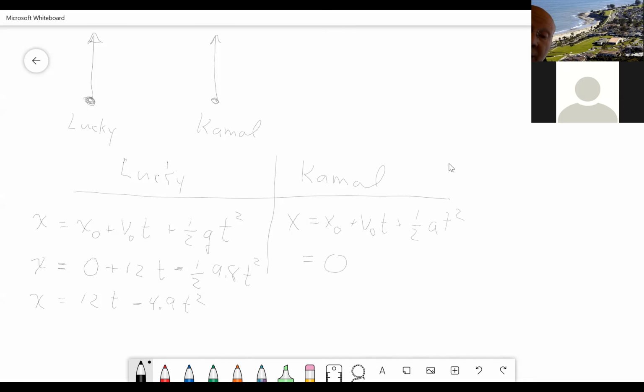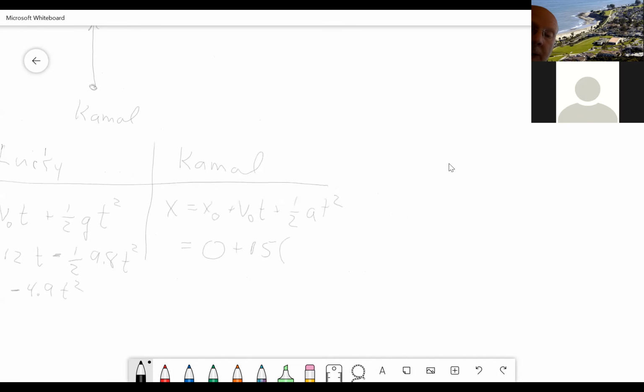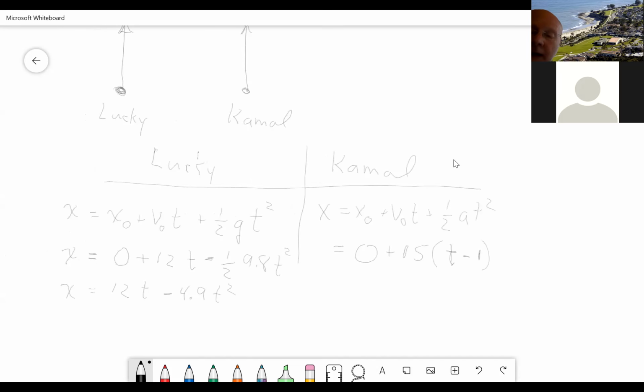Well, not here. This is 0. And also not here. This is 15. But it's this step right here that I'm about to do. The time that this object has been flying in the air is 1 second less than the time for Lucky.